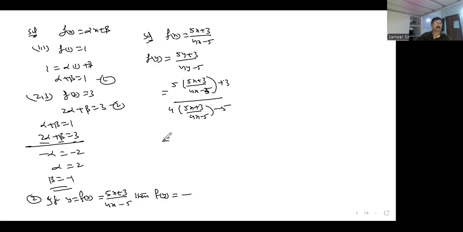Like this. And the moment you simplify this, you see this: 25x plus 25 plus 12x minus 15 divided by 20x plus 12 minus 20x plus 25.